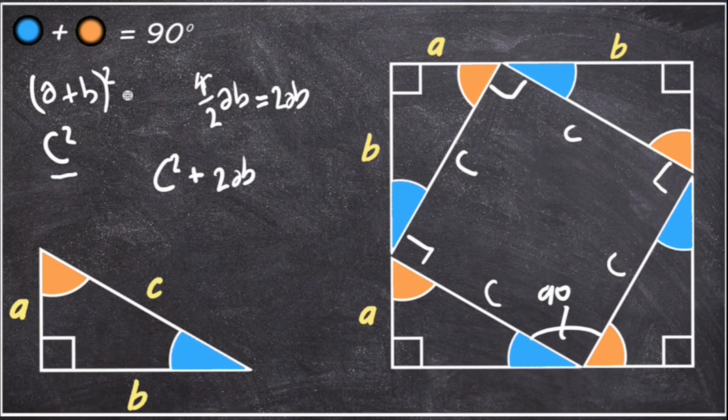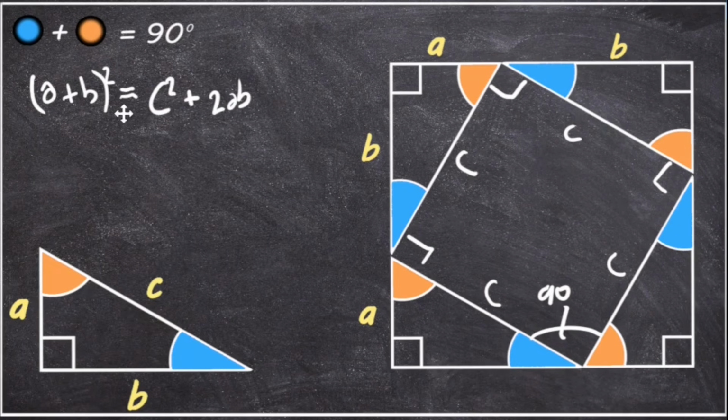And that must be equal to the other expression that we found for that area, which is A plus B squared. And that leaves us that A plus B squared is equal to C squared plus 2AB. Now, if we want the value of C squared, we simply have to subtract 2AB from both sides.